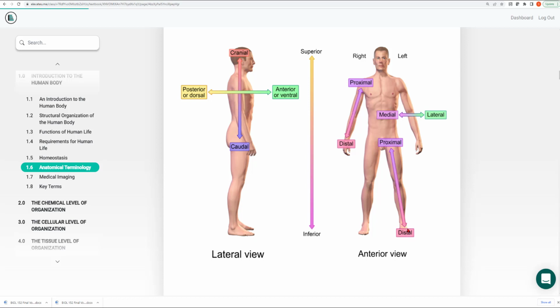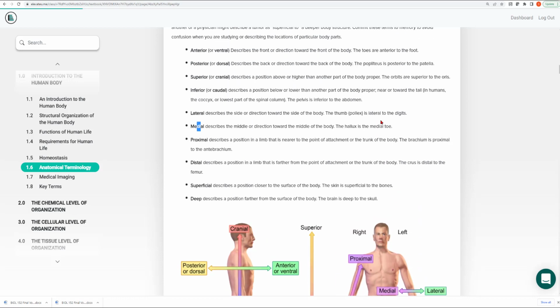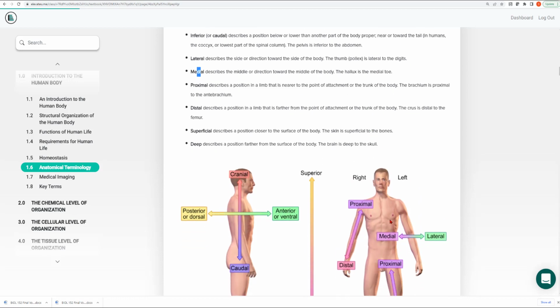You are not going to use superior and inferior when describing relationships between structures on the arms or the legs, or another way of saying it, on the appendages. Medial toward the middle, lateral to the outside. Notice our person is primarily, not completely, but primarily in anatomic position when demonstrating this.